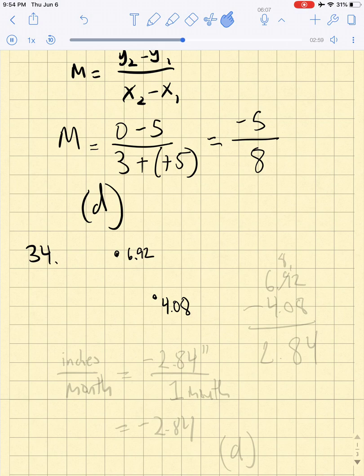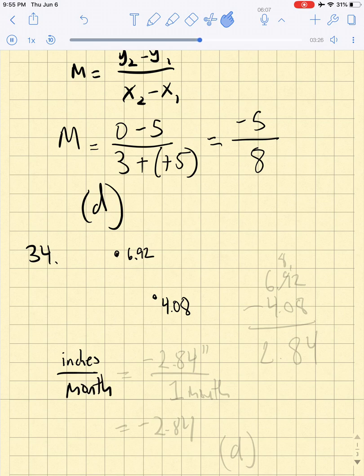Now, we have to think about how many months have gone by from August to September. That's 1 month. So if we want the rate of change in rainfall, we need that slope. So we need the rate. We need to figure out what fraction we're talking about here. And we're talking about inches per month.